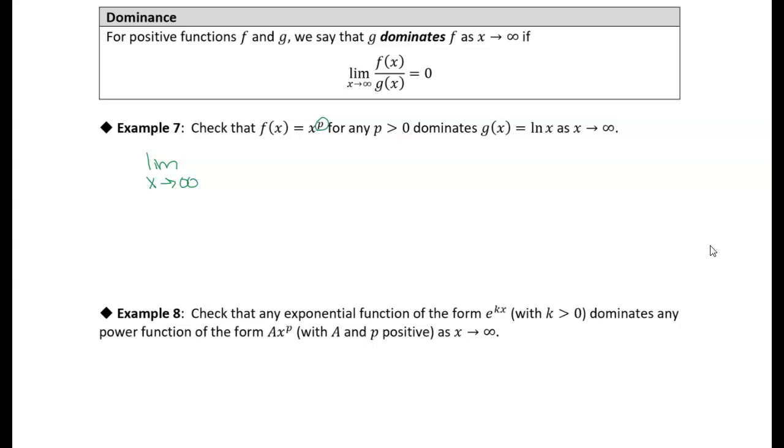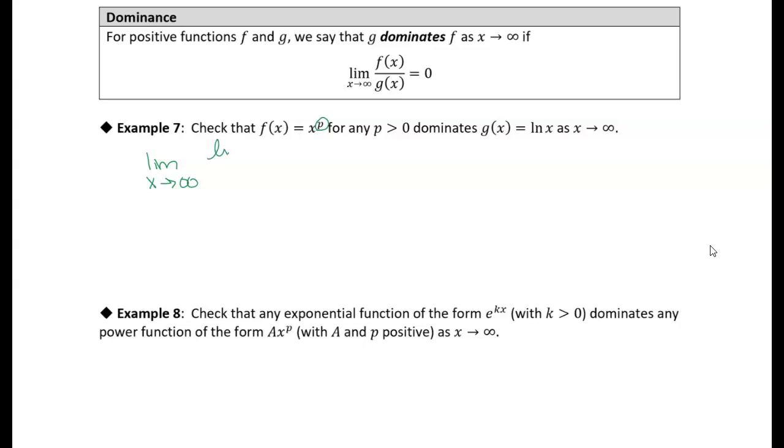I mean, x to the 1/2 is a power function. That's the square root of x, right? Does it also dominate natural log of x in the long run? What about x to the 0.1 or 0.01 or 0.0001? Is there a power that eventually does not dominate natural log of x? We're trying to answer those kinds of questions with this problem.